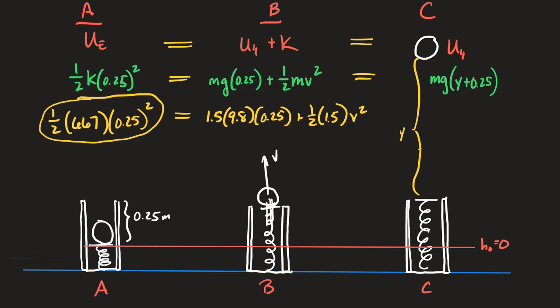I can say 1/2 667 times 0.25 squared equals mgh. Once I know one state's energy, that's the energy for the whole problem, unless something takes the energy away or adds to the energy. Now, you guys can do the algebra.